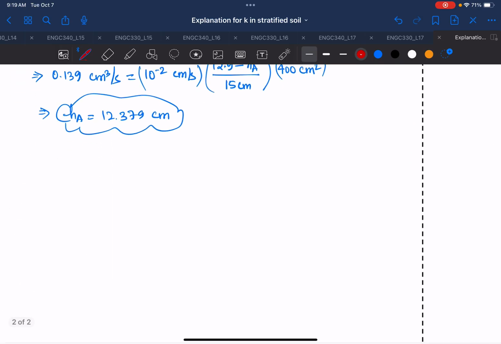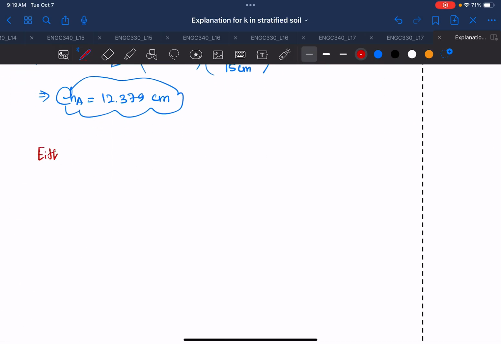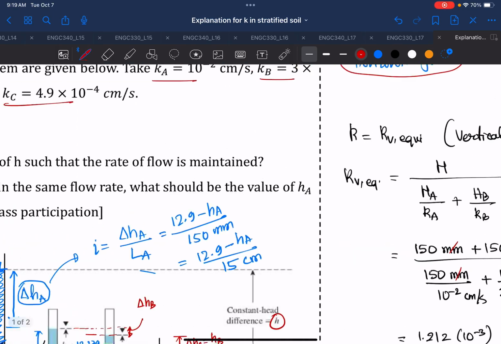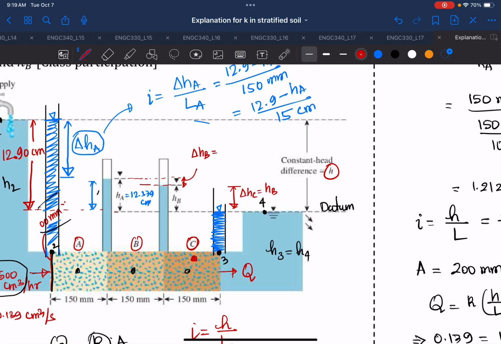So here you can use QB. Q is equal to KB delta HB over LB, times area, or Q is equal to KC delta HC divided by LC, into A. For delta HB here, it will be equal to HA minus HB.